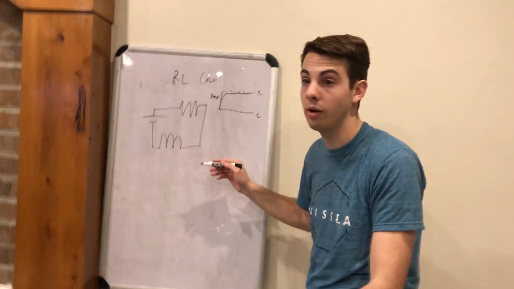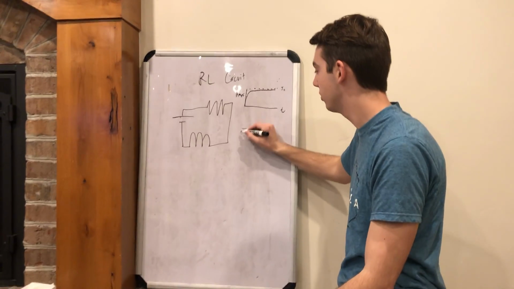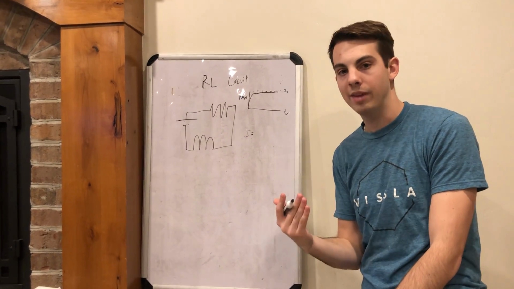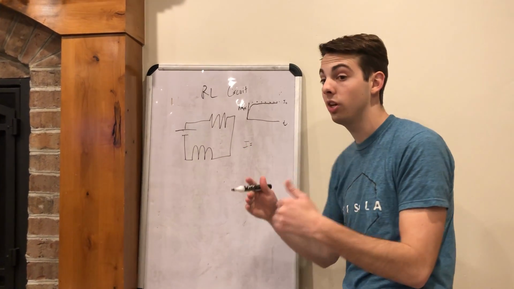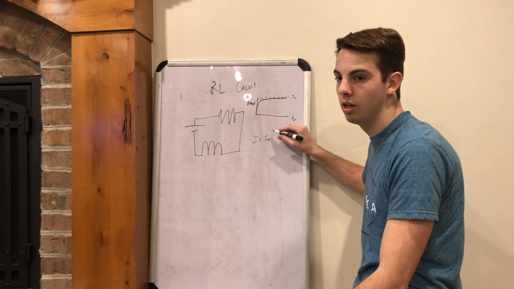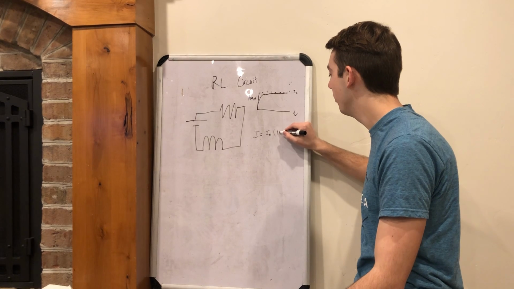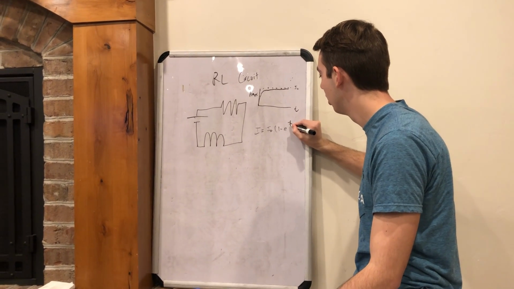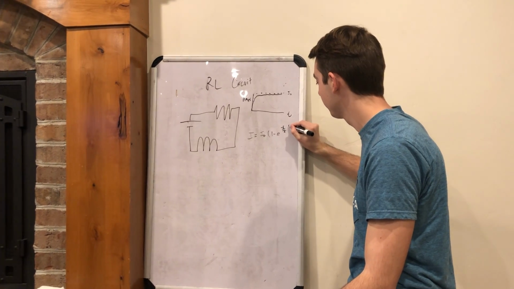The actual equation we use to describe inductance in a circuit is that current at a time after you have initiated the circuit equals I naught, whatever it should be, times 1 minus e to the negative t over our time constant tau.